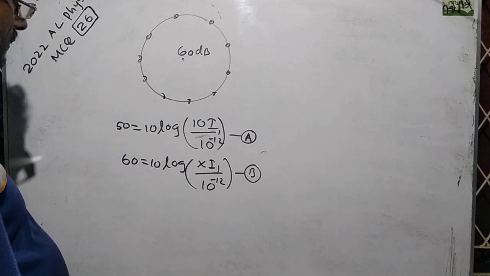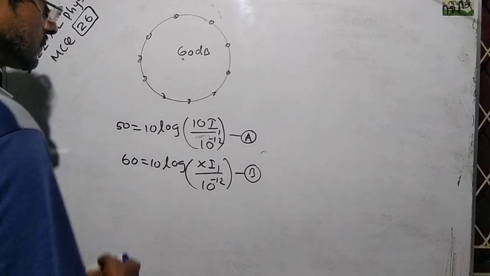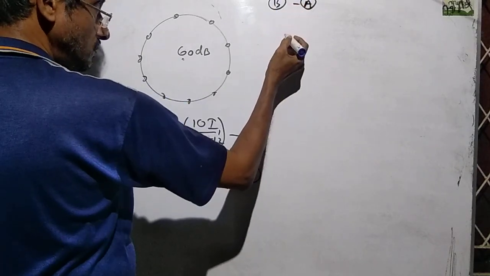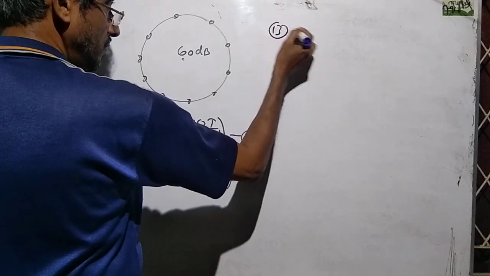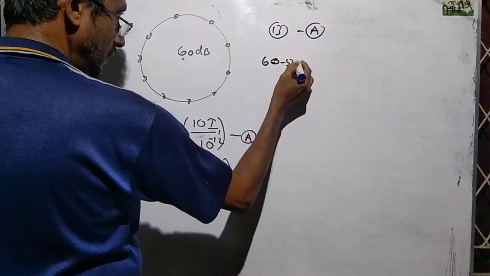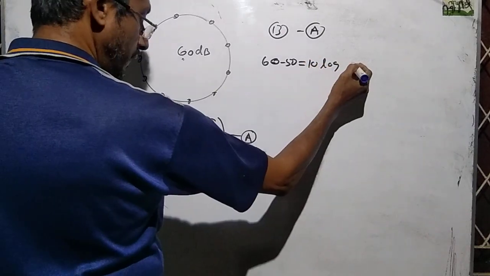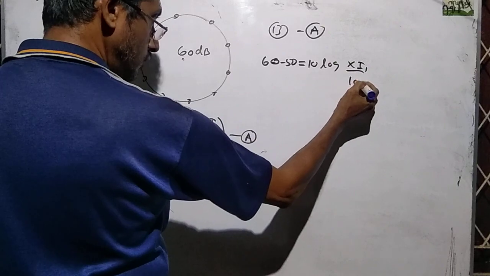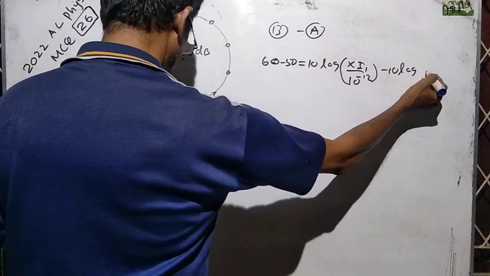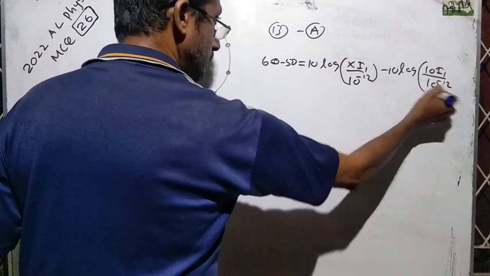I subtract first one from second one, B minus A. 60 minus 50 equals 10 log XI1 over 10 to the power minus 12 minus 10 log 10I1 divided by 10 to the power minus 12.